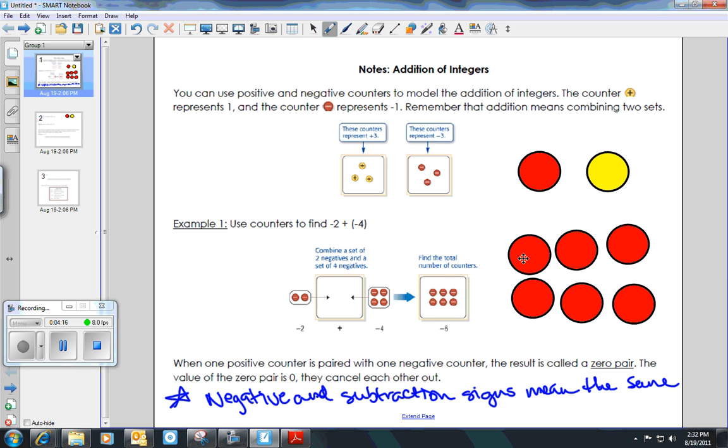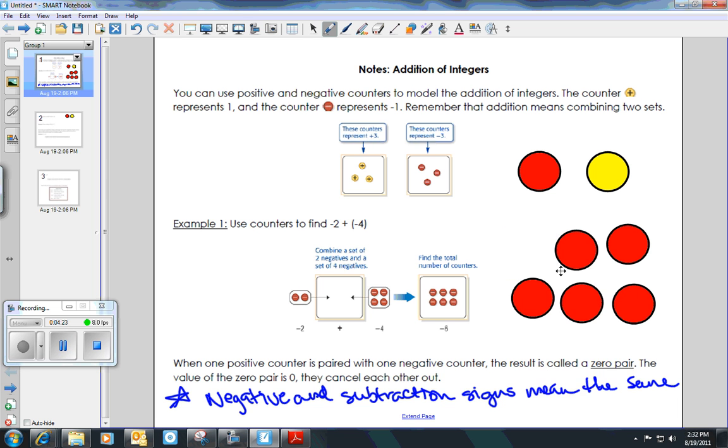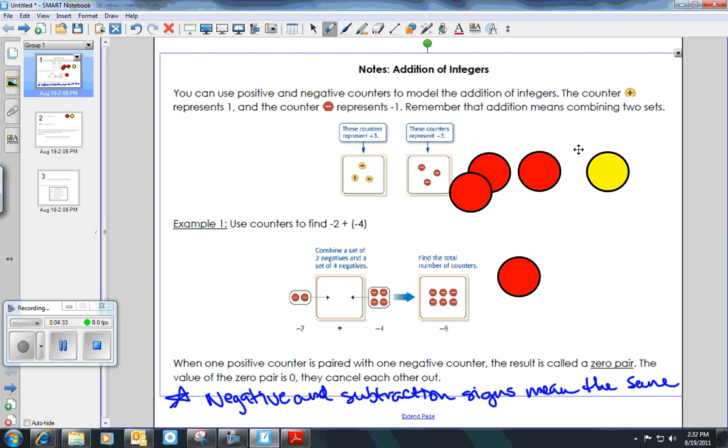However, we might have positives being added to negatives. So what we need to do, and I'm going to delete some of these out. Let's say we have a +1, and we also have a -1.